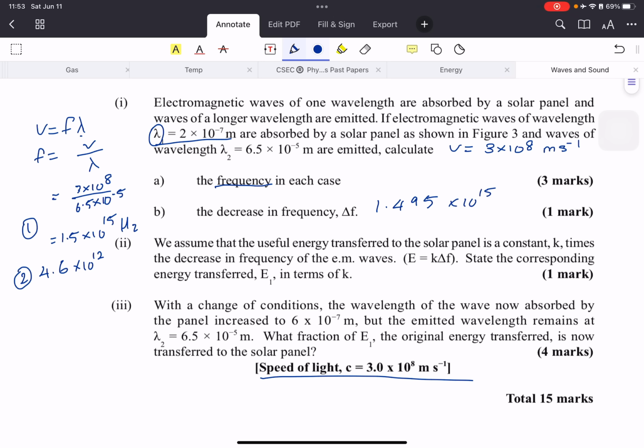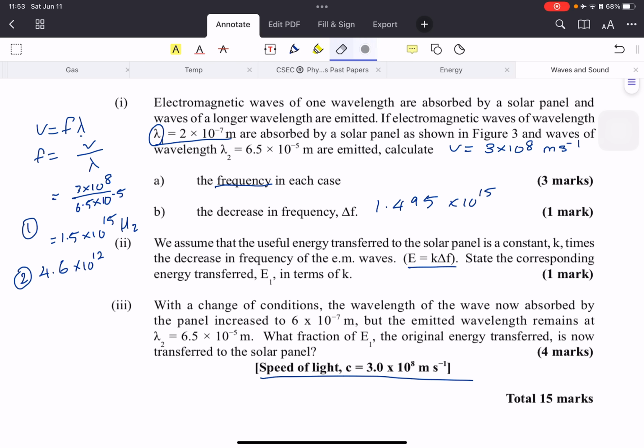Okay, so the next part is we assume that the useful energy transferred to the solar panel is a constant K times the decrease in frequency of the waves, right? So the decrease in frequency would kind of determine the energy that they put out, right? So they give you the formula here. E is equal to K multiplied by the change in frequency. Cool. Now they want us to calculate the energy.